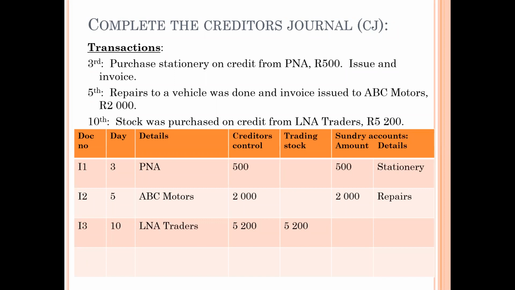Then we said the amount is 5,000 rand. That will go to creditors control. And then I will just put another 5,000 rand there because there's not an equipment column. And it will go then to sundry accounts. And you will write there it is for equipment.